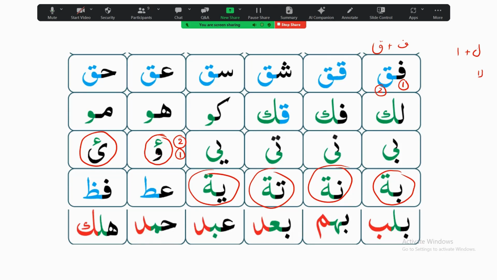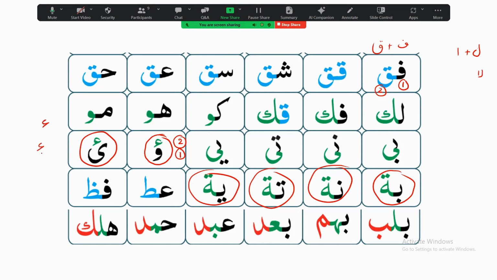For this, I would just tell you that this is a way we write Hamza sometimes. I told you about the way the letters are joined, right? Sometimes Hamza is alone. It is an interesting letter, and sometimes Hamza has a chair to sit on, right? For example, this letter Hamza, sometimes it is alone.